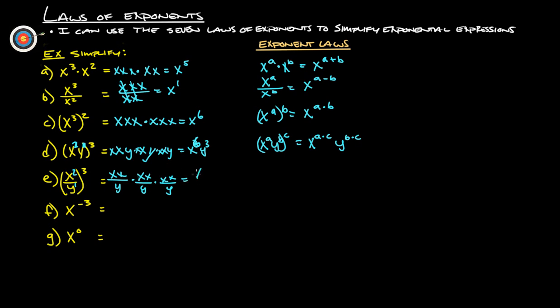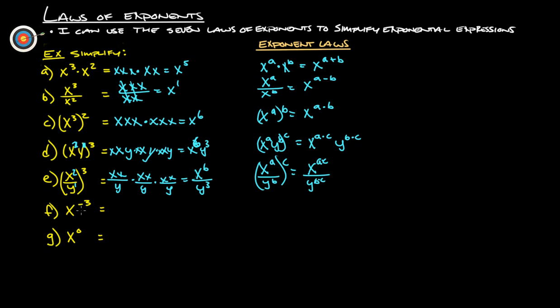So that's going to end up equaling x to the 6th over y to the 3rd. So if we have x to the a over y to the b all to the c power, it's going to be x to the a times c over y to the b times c.